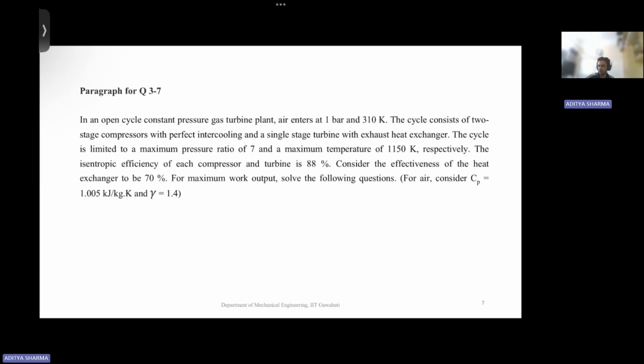Five questions are there, and information related to those five questions has been given. So let's have a look at what is given to us.